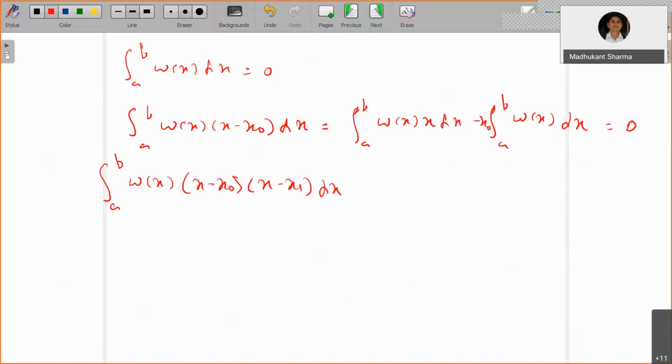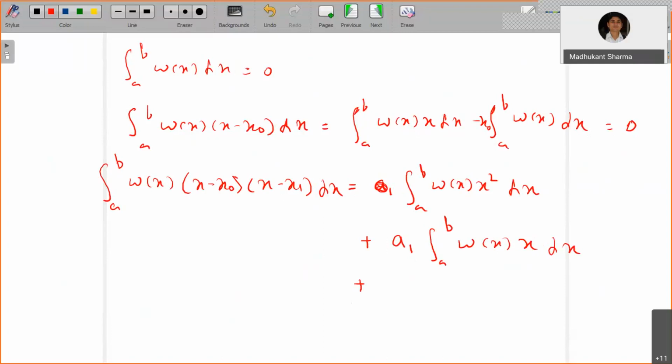So you can open the quadratic polynomial. What you will get is something like integration a to b, w of x times x square dx, since the x square coefficient is 1, plus some coefficient a1 integration a to b, w of x times x dx, plus some constant term times integration a to b, w of x dx.